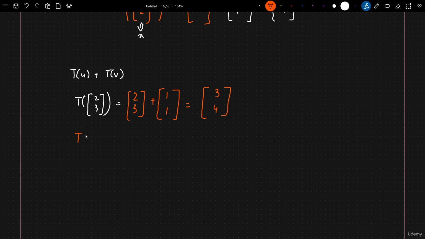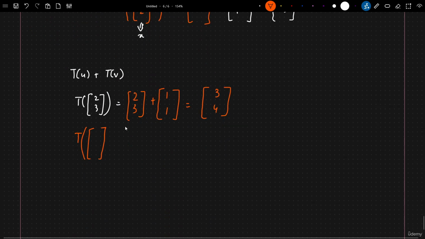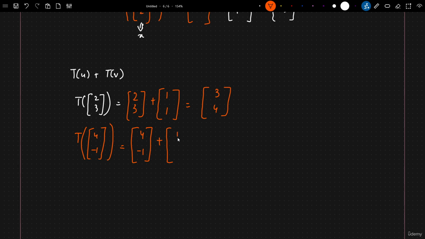Similarly, if you do the transformation with respect to v, what is my v over here? v is 4, minus 1. So here you will see 4, minus 1, and I am adding 1, 1. This is what our transformation basically means. And here I'm going to get 5, 0.